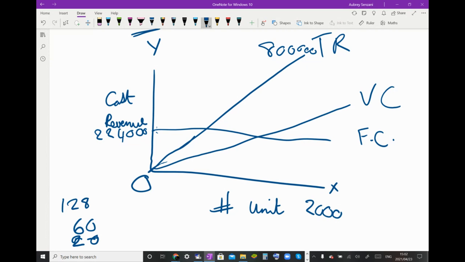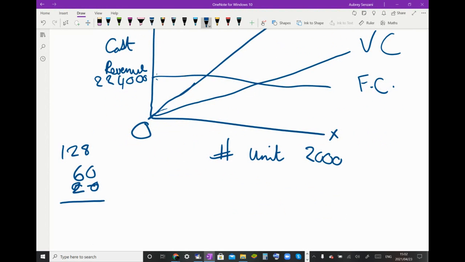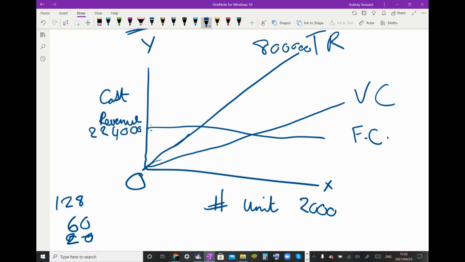So already you can see that that's less than the 400 selling price. So can you see why the line is less steep? Is that correct?